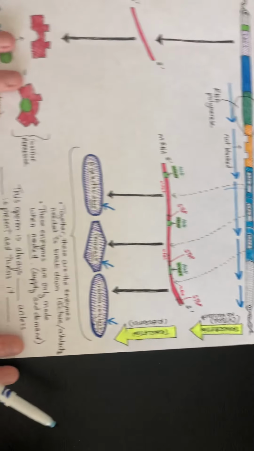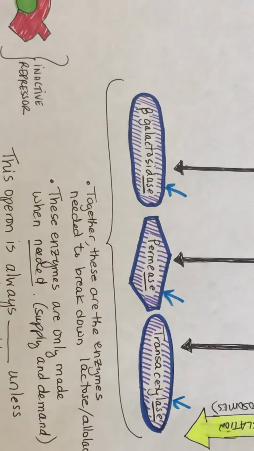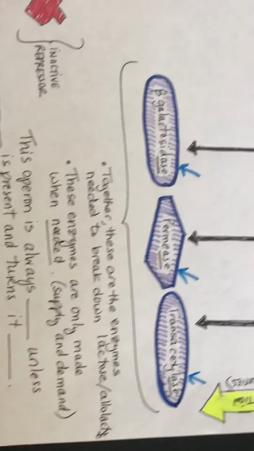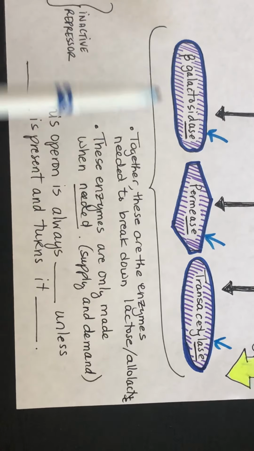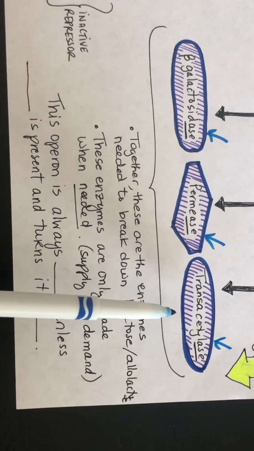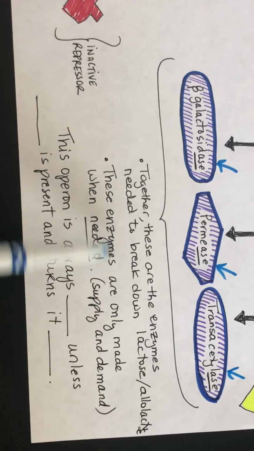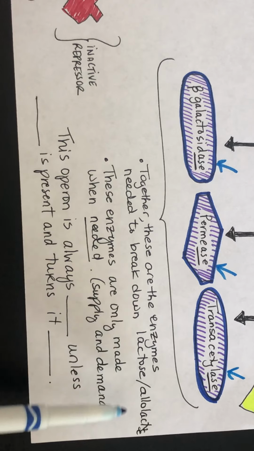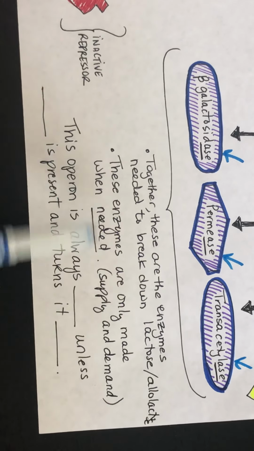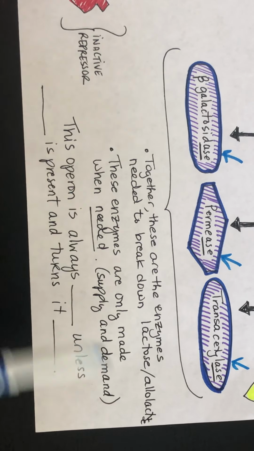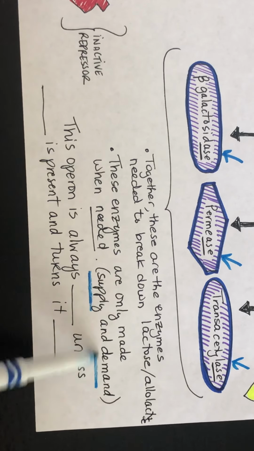These all together, I'm going to zoom in on this so you can see my words. These three proteins that get made in translation by the ribosomes are all needed to break down lactose or allolactose. So these enzymes are only made when needed, and so we're back to our supply and demand.